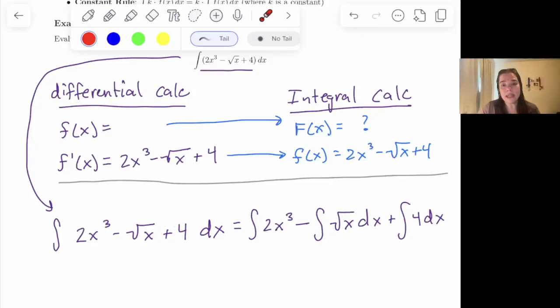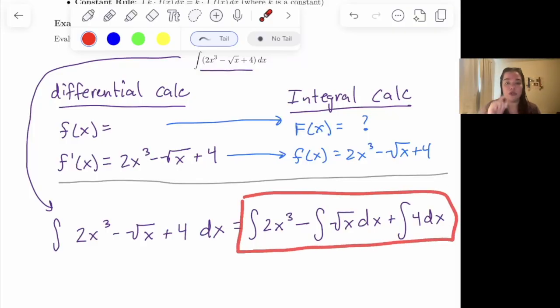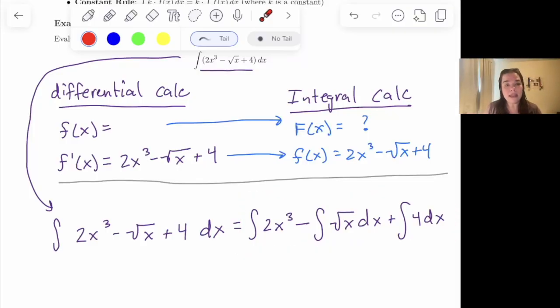Now, just to point out, most people do not actually take the time to write out the split unless the integral is extremely complicated and they need to split it up to visualize what's going on. So this splitting process is something you'll start doing probably more later on in the class when things get a little more intense integration-wise.